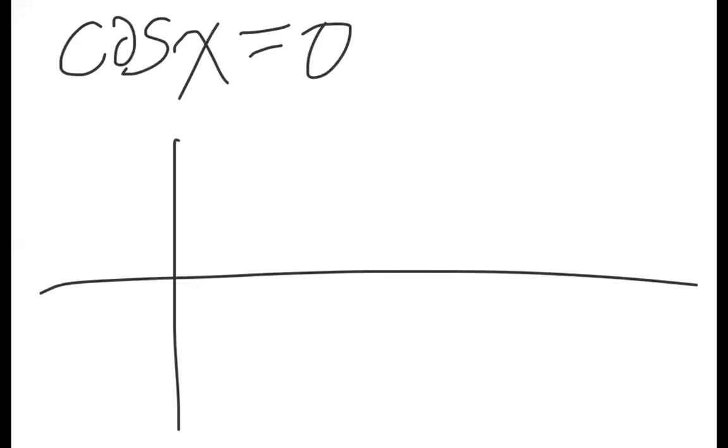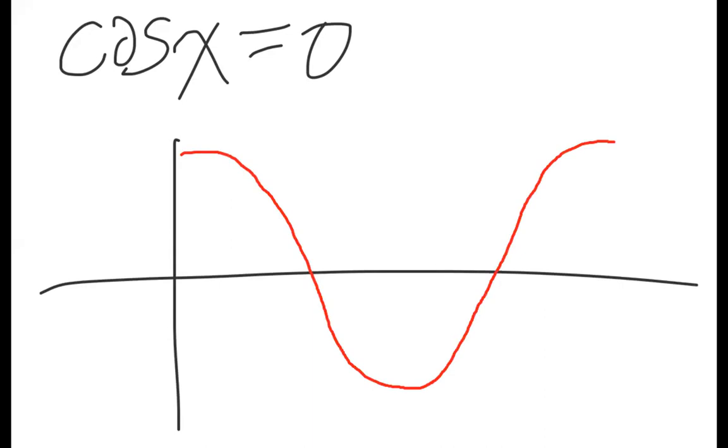So now the graph of cosine x is slightly different than the sine of x, right? From 0 to 2 pi, of course. It starts from 1 at 0, and it reaches 0 at pi over 2.